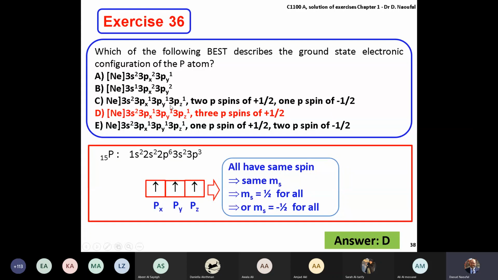D, 3s2, 3px1, 3py1, 3pz1, with 3 spins of plus half. This is acceptable. And E, we cannot mix the spins of different signs in the same box representation, so E is incorrect. In this case, the correct answer is only D.